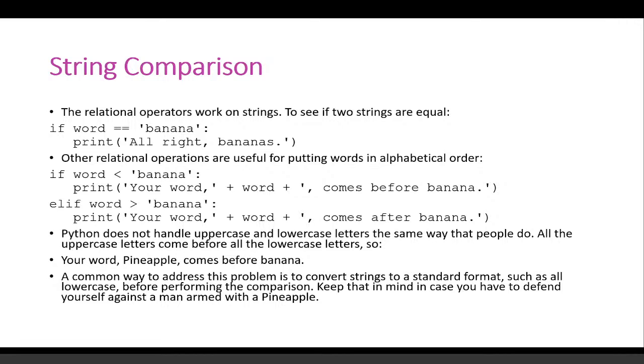Now, the important thing to remember here is that you might want to do some data validation with this, which we'll talk about in just a little bit. If you'll remember back to when we looked at ASCII charts before, uppercase letters come before lowercase letters in the ASCII chart. So with the fourth bullet point, we see pineapple comes before banana because it started with an uppercase P. Those uppercase letters have a lower ASCII value than lowercase letters.